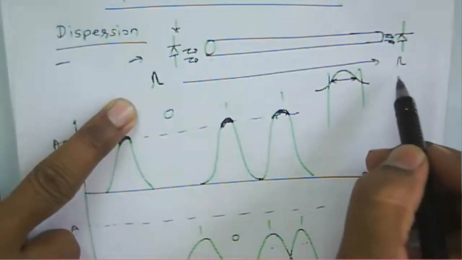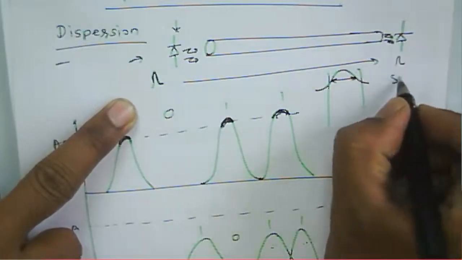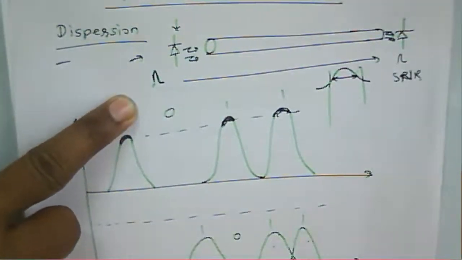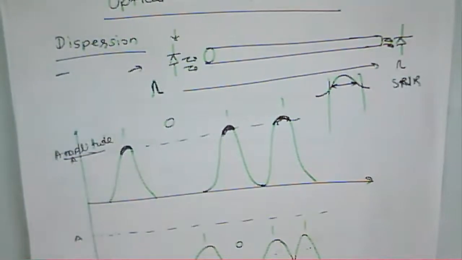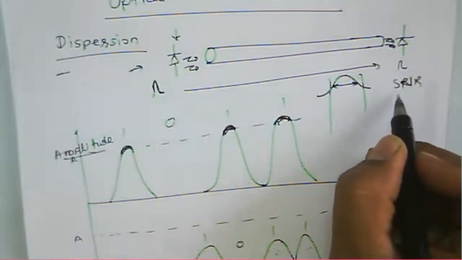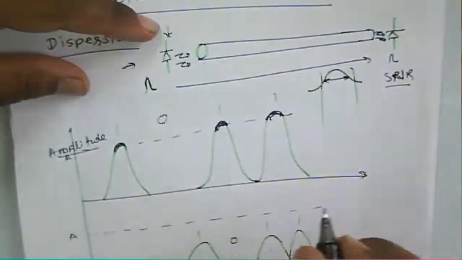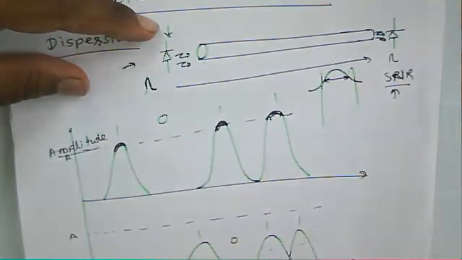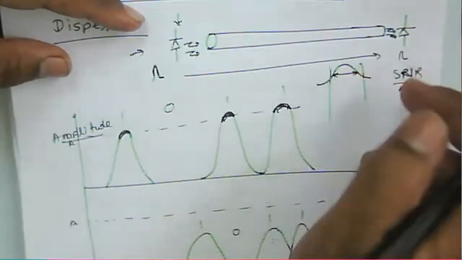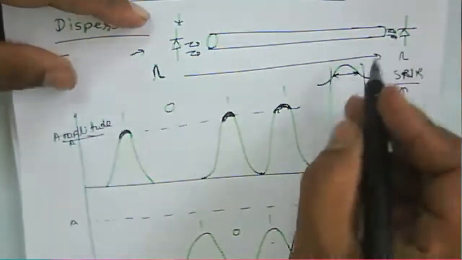Then at the receiver there will be large error, or we can say the signal to noise ratio at the receiver will change. Means it will decrease. The signal to noise ratio is reduced, and you can say there are distortions at the receiver because of the overlapping pulses.